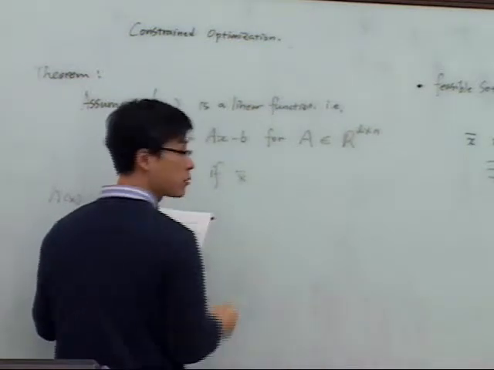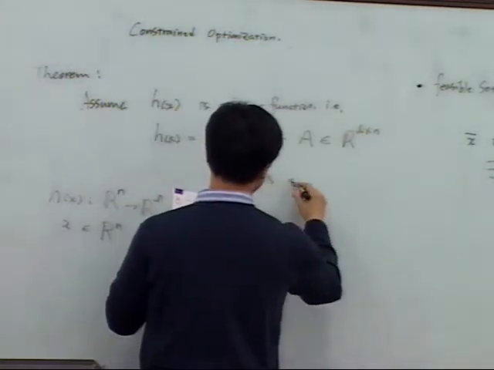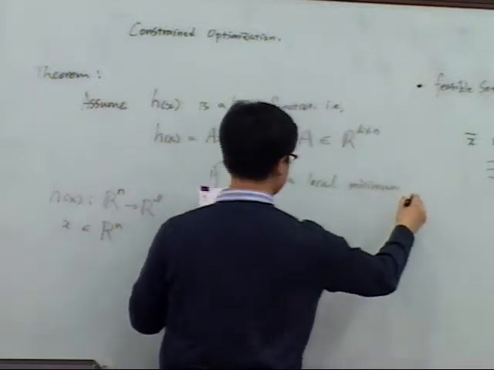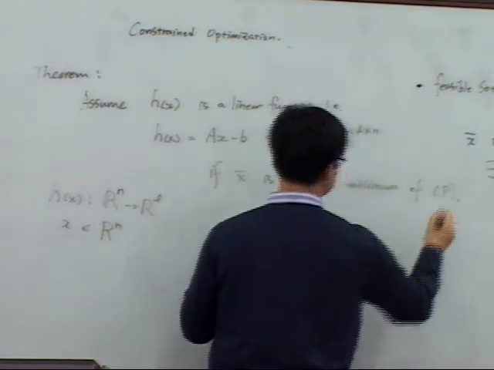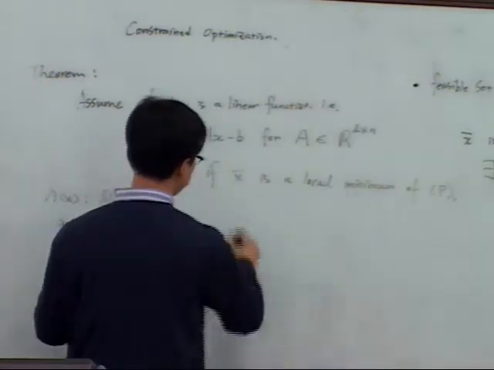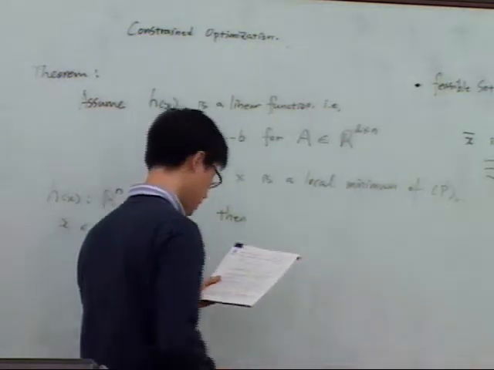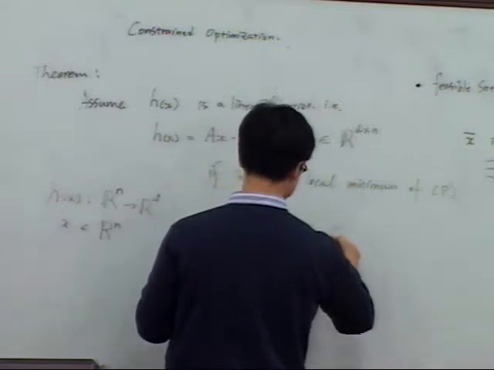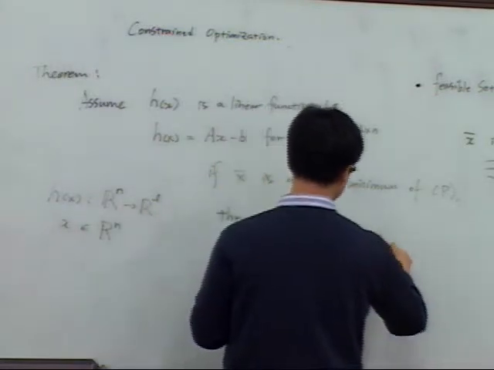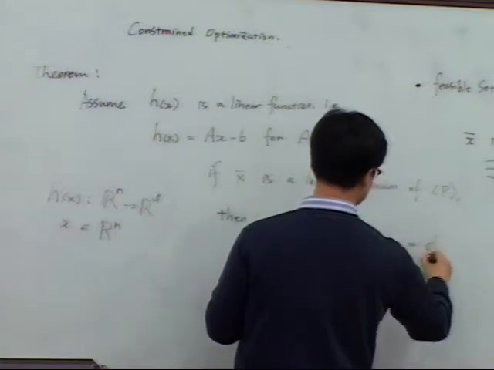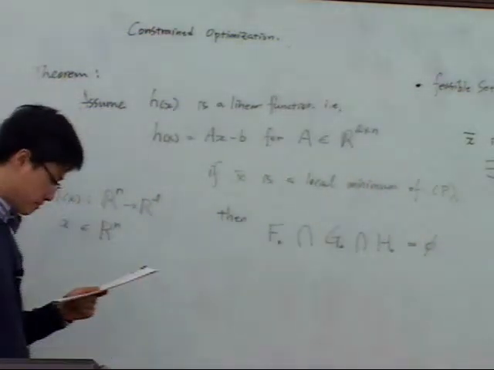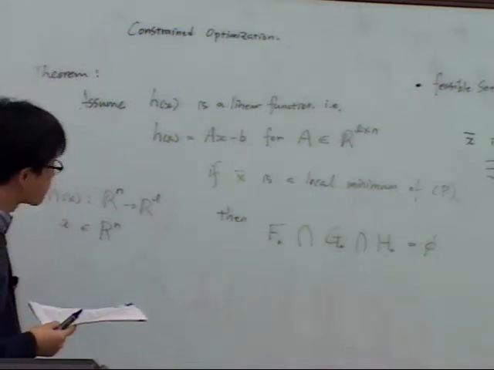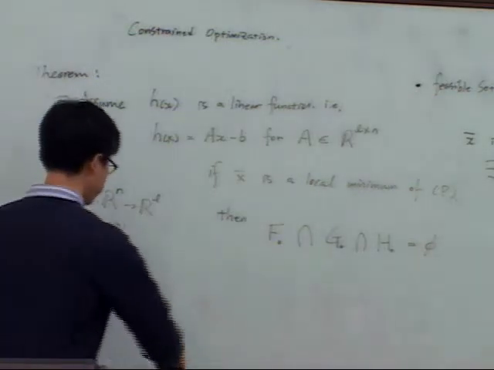If x bar is a local minimum of problem P, then this should hold. F0 intersection G0 intersection H0 is the empty set. Proof.